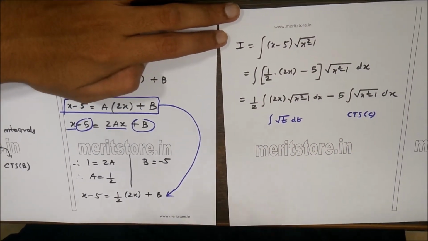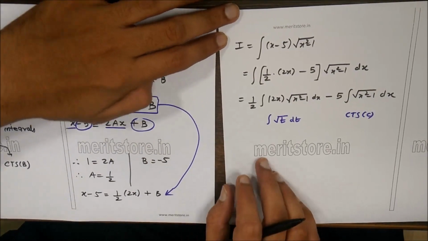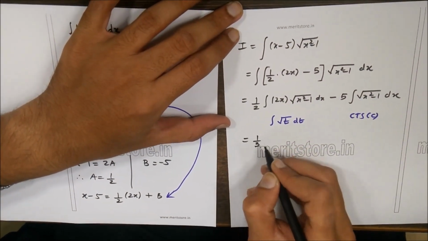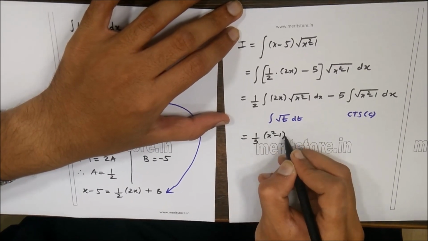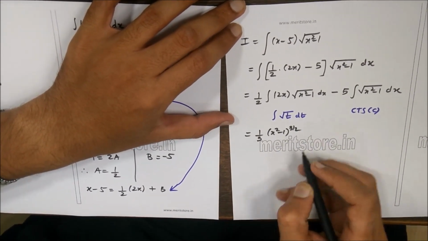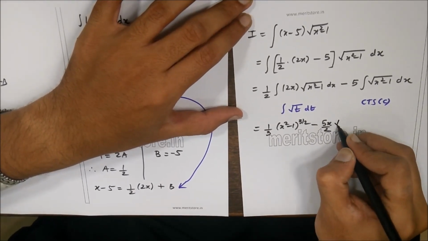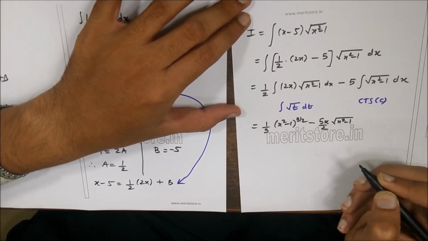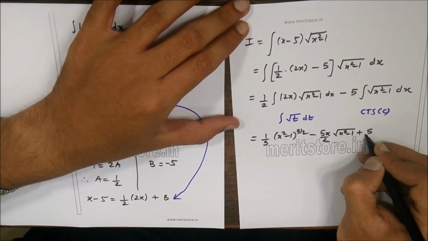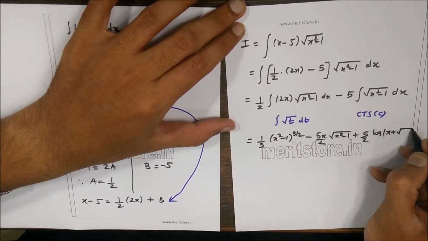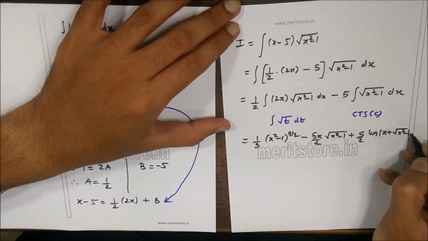Applying the formula, the last step would look like 1 upon 3 x square minus 1 raised to 3 by 2 minus 5x upon 2 root of x square minus 1 plus 5 by 2 log mod x plus root of x square minus 1 plus c.